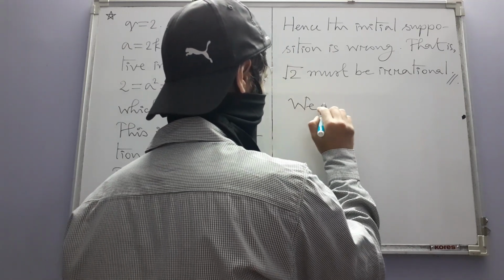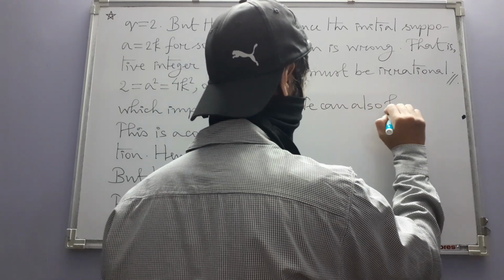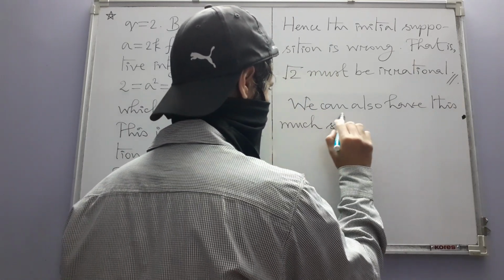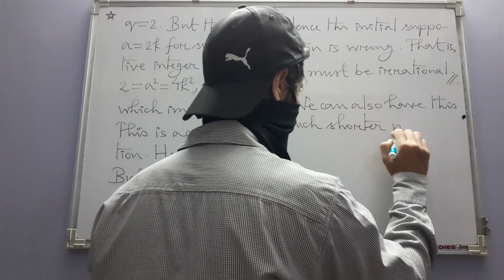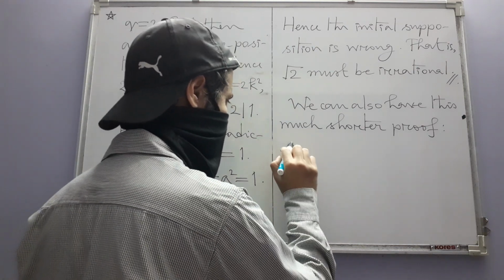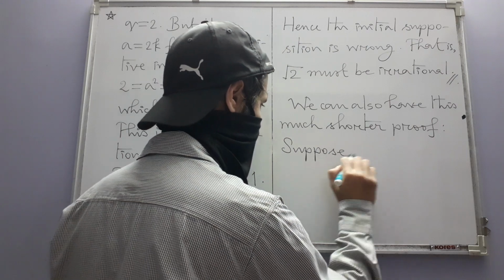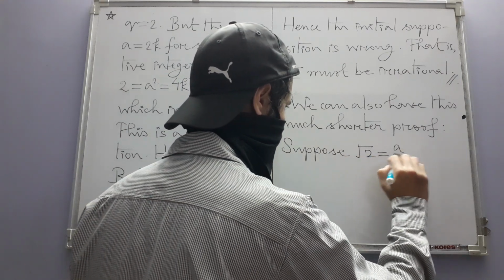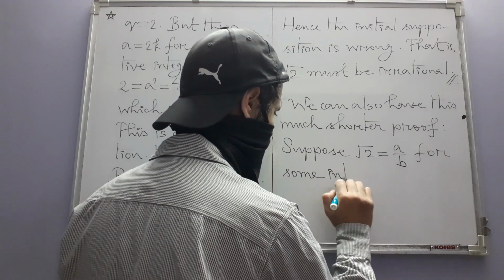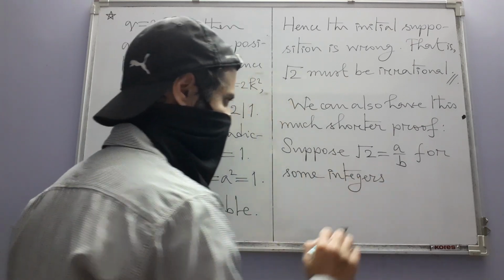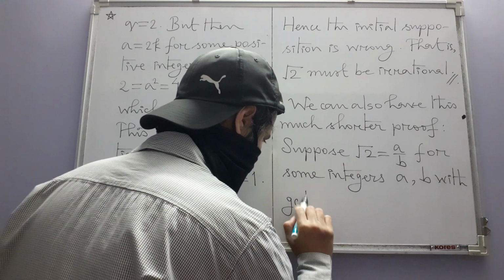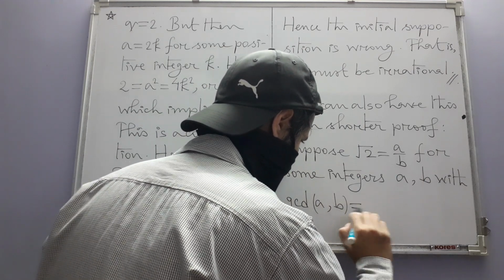We can also have this much shorter proof, where the beginning is the same: suppose root 2 is a over b for some integers a and b with their GCD being 1.